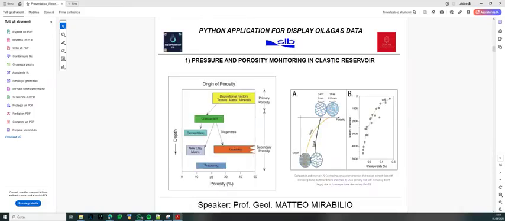The origin and evolution of porosity depend on several parameters, for example the depth and the origin of porosity, and also, for example, fracturing processes.